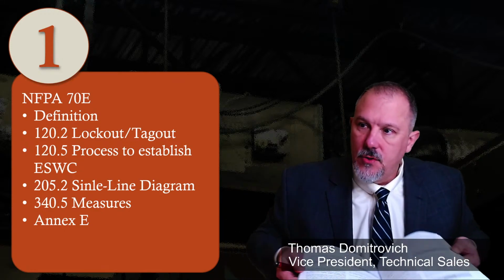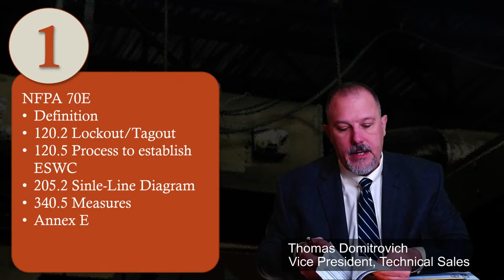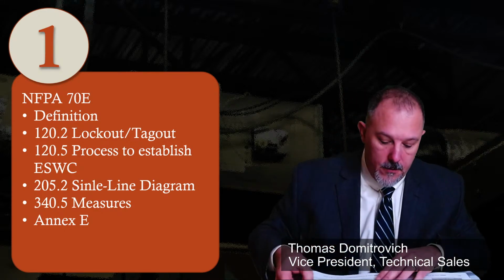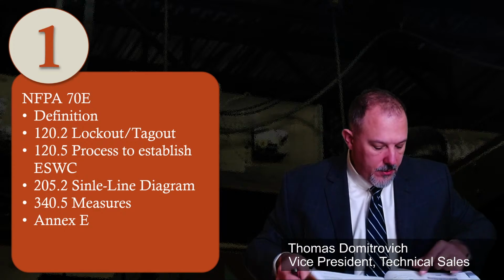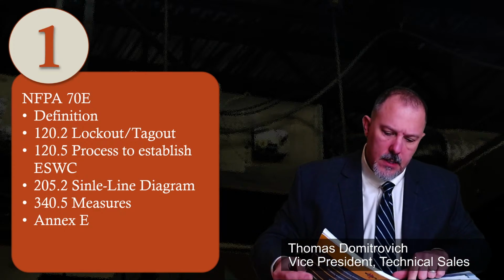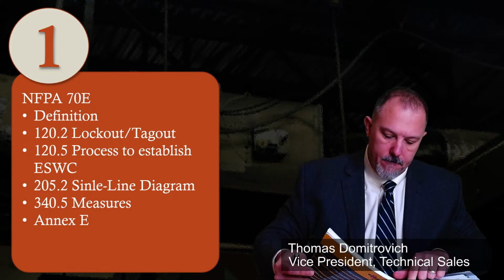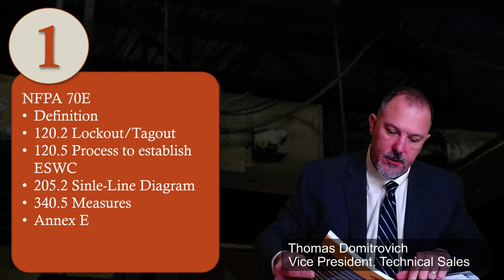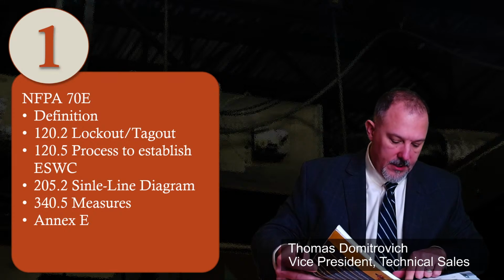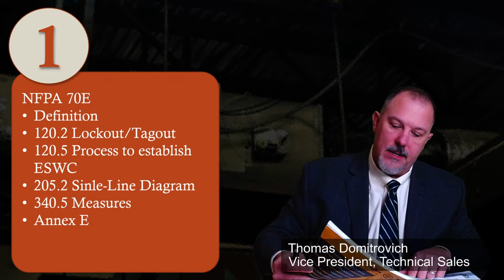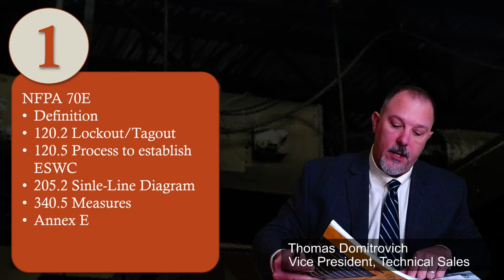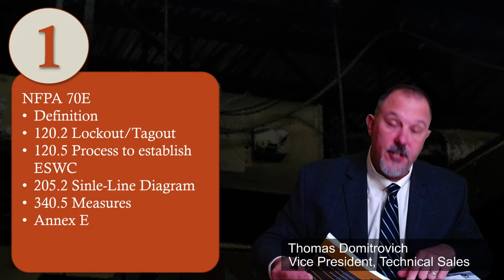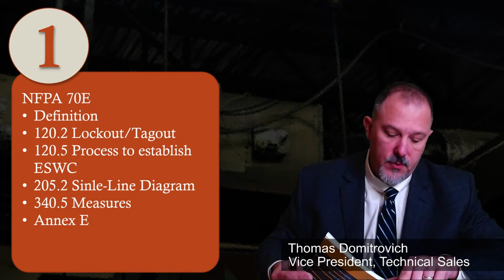And if I go to 120.2, it doesn't quite tell you exactly. Let's read 120.2, lockout tagout. Coordination, forms, lockout tagout procedures. I'm looking to see where exactly in here, and I can't find it really quick. But there it is, in 120.2(C).